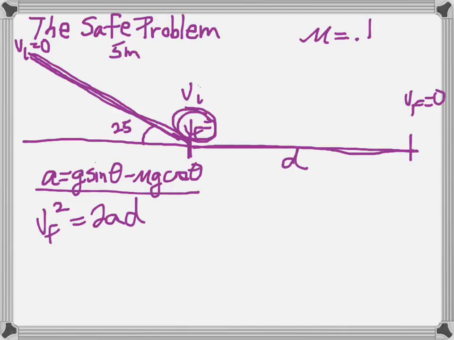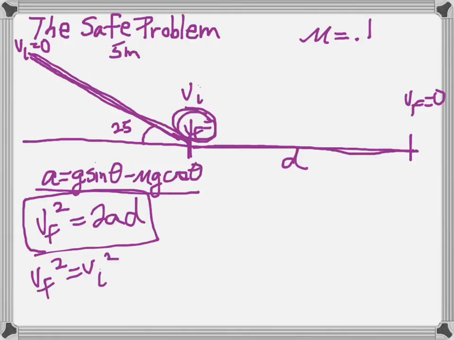And you'll see we're still going to be able to use this equation. Final velocity is 0. Initial velocity will be something though, so we're going to have to put that in. Vf squared equals vi squared plus 2ad, and we're going to solve for the displacement. But to do that, we need the acceleration. So we actually would have to make a new FBD of this object, the safe, on the flat surface.